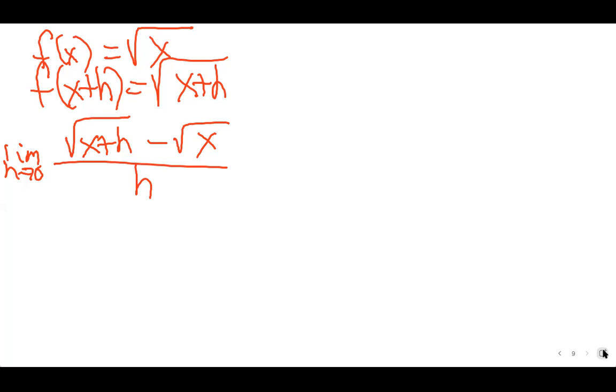Hindi naman sila parehas. So it's hard. So ang gagawin natin dito is we will use what we call the conjugate property.